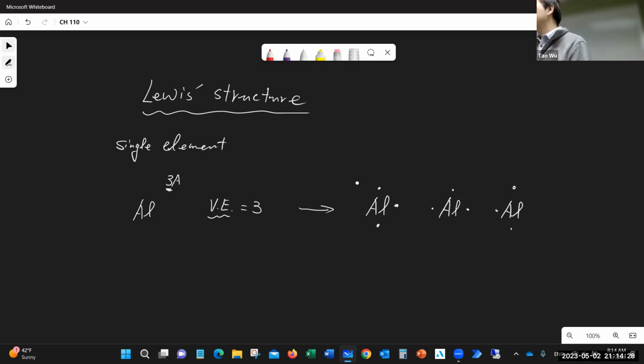That really doesn't matter, as long as you assign one single dot on each side, then that's great. But if you write like this, that's not right. If you write like this, that's also not right. One single dot on each side first. So this is aluminum.